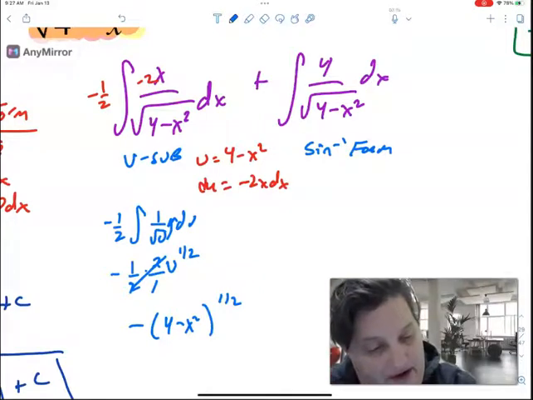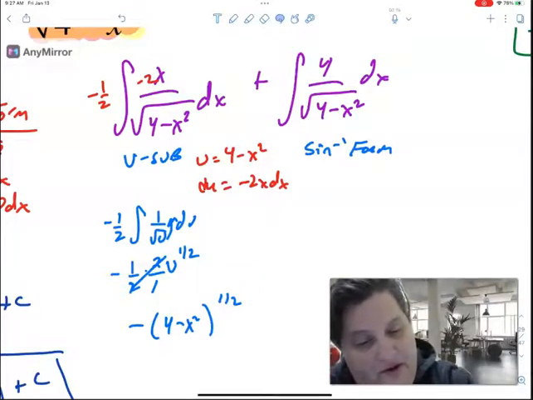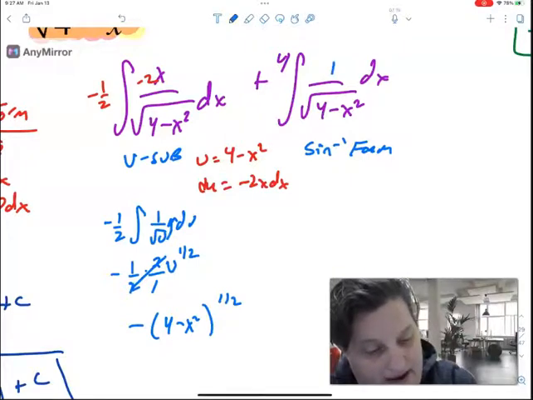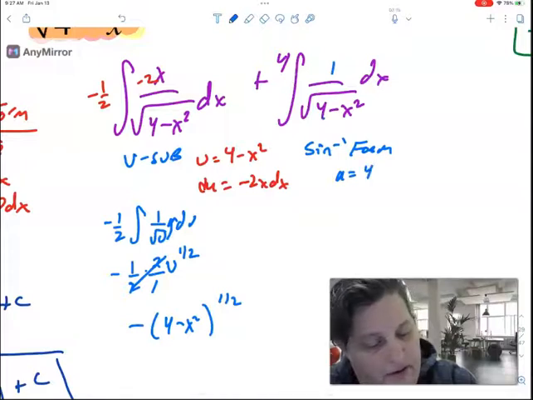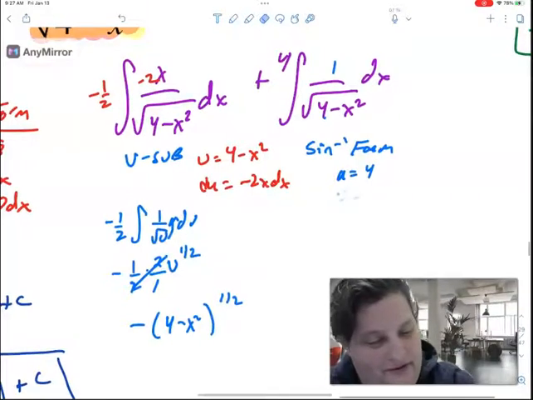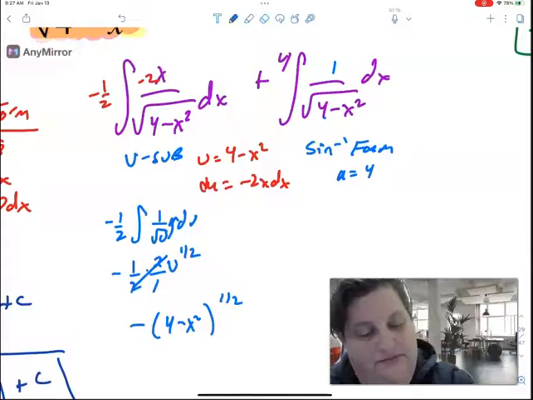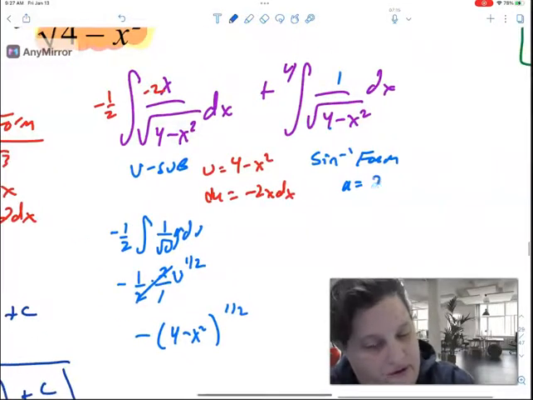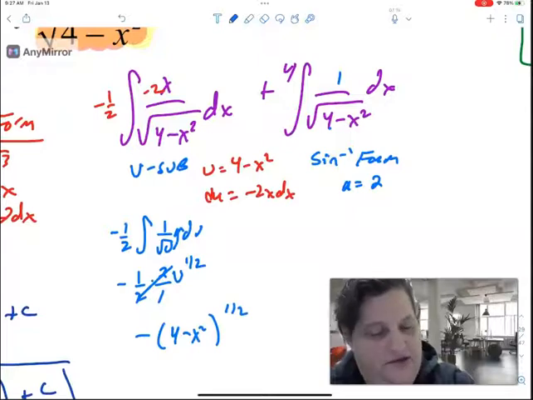Then I come over here and I have this inverse sine form. Well, the first thing I'm going to do is bring the 4 out because that's a constant. And I have a squared is 4, so a is 2 because 2 squared is 4. And then that's just like x squared, right? So u is just x.